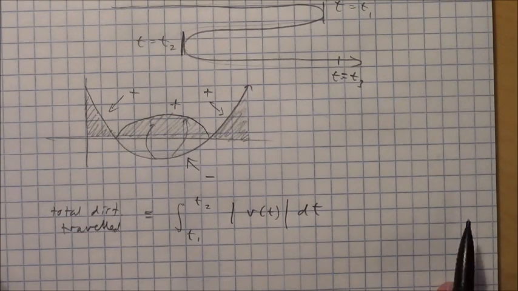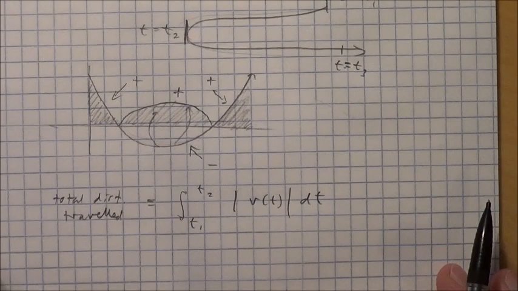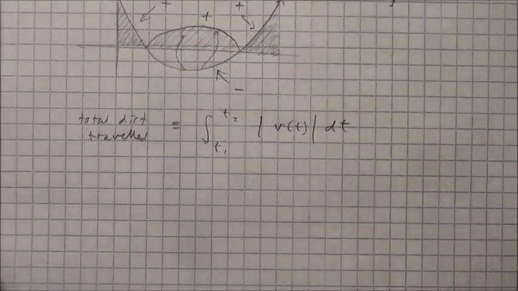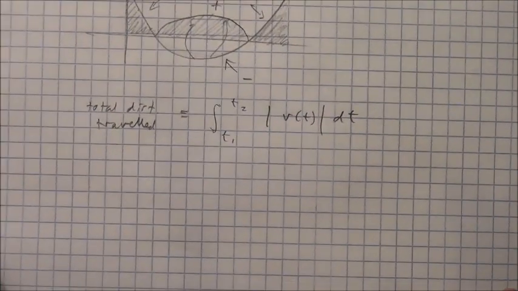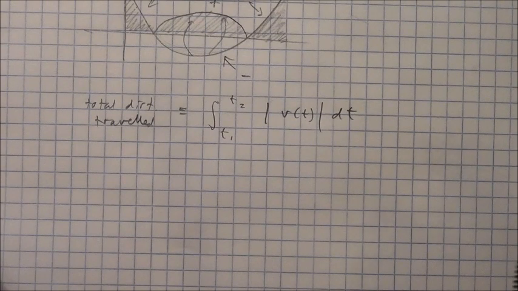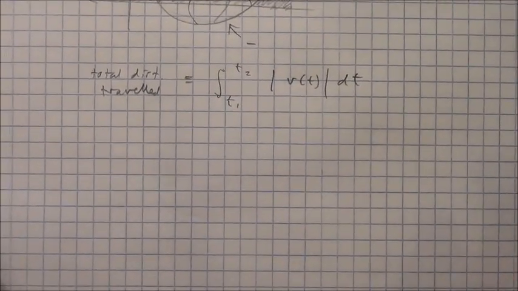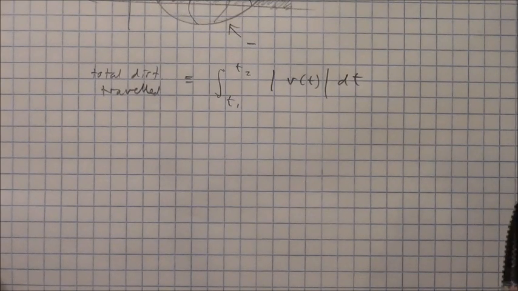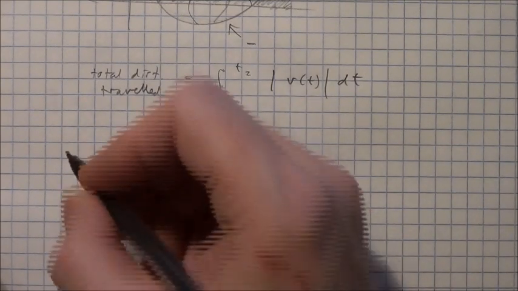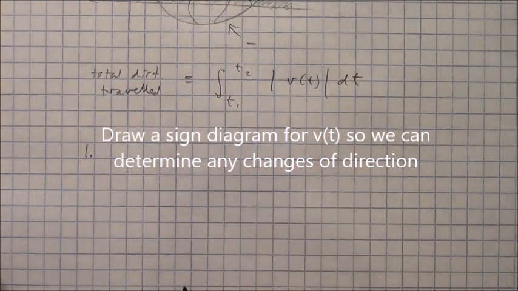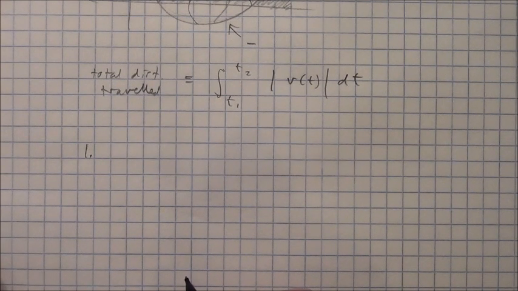Okay, so now there's a bit of a process that we need to follow in order to find the total distance traveled if we're going to do it by hand. The first thing is we're going to draw a sign diagram for v of t so we can determine any changes in direction. We want to know if it's positive or negative.